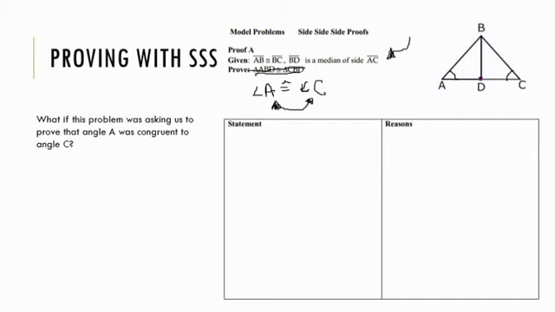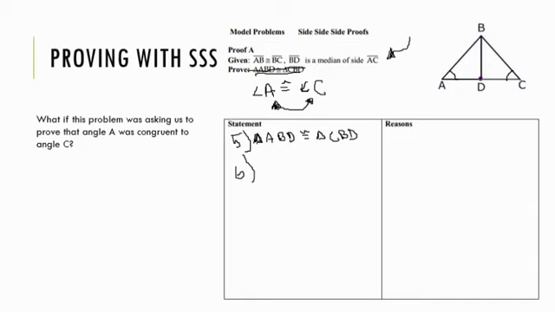So what I can do is go through the proof that we just went through to get to, I think it was that 5th step, to say that, in fact, triangle ABD is congruent to triangle CBD. And now, I know that I have two congruent triangles.